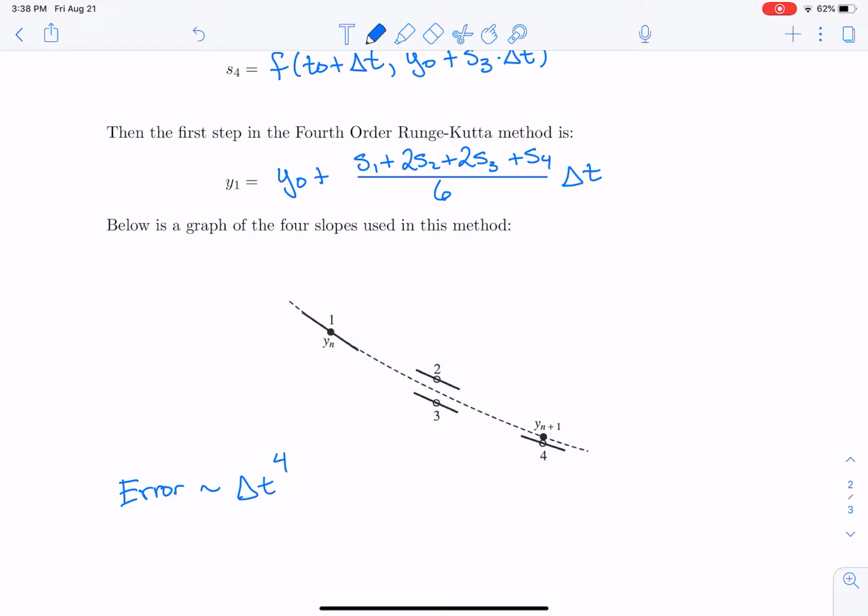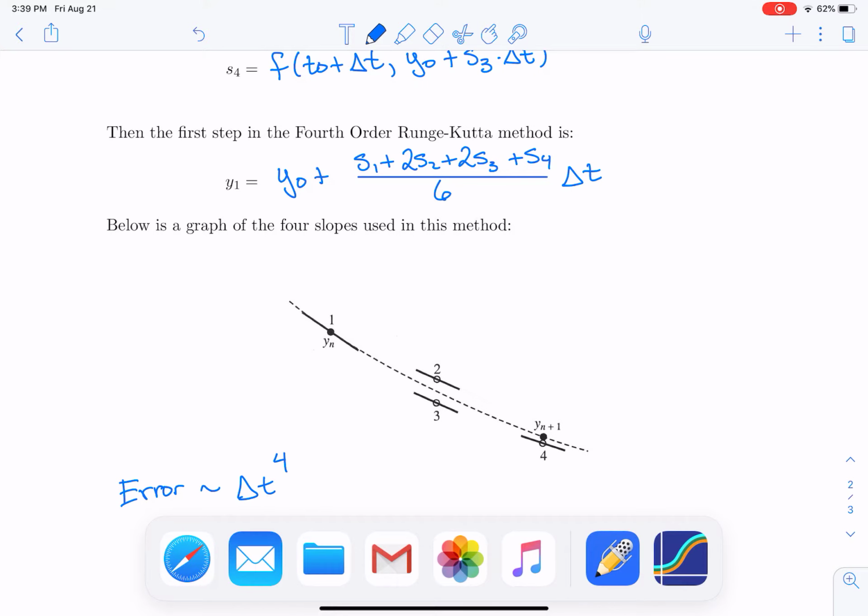And so this is going to converge to the actual solution much faster than either Euler's method or the second order Runge-Kutta method.